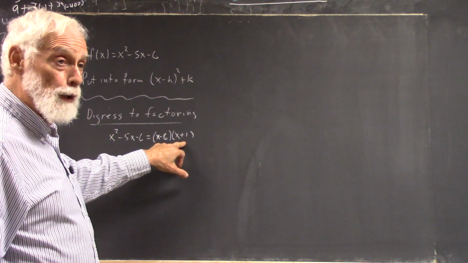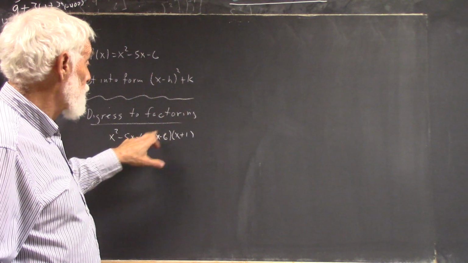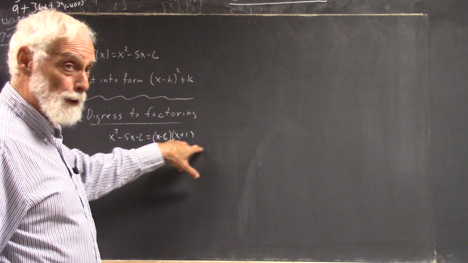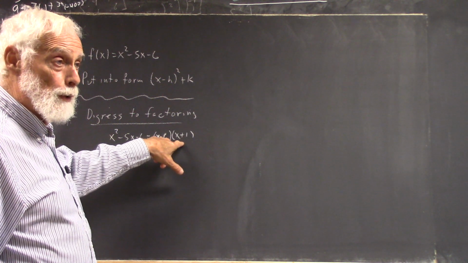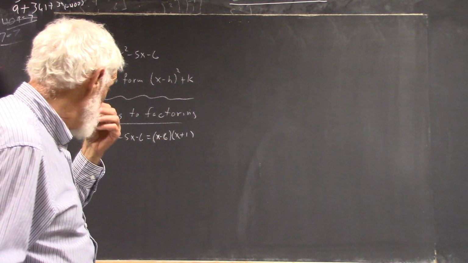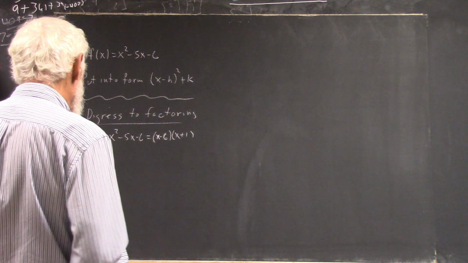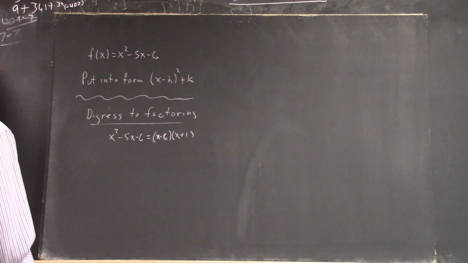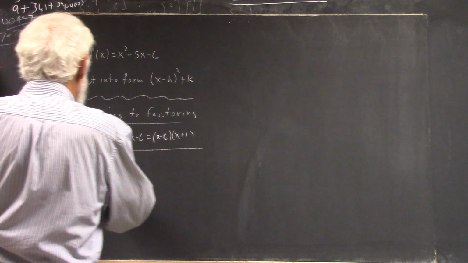And if x is negative 1, this is 0. Okay? So if x is 6, the whole thing is 0 because you multiply these things. This is 0, so whatever you multiply by is 0, right? And for x equals negative 1, this would be 0, which would make the whole thing 0. Okay? Okay, now I'm just mentioning that, but we can factor this thing. That's just a quick digression.